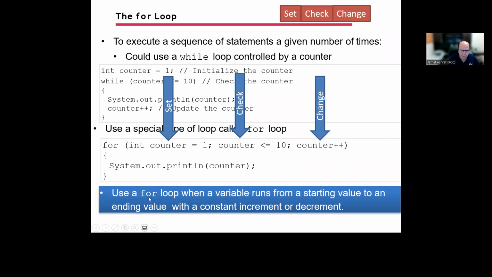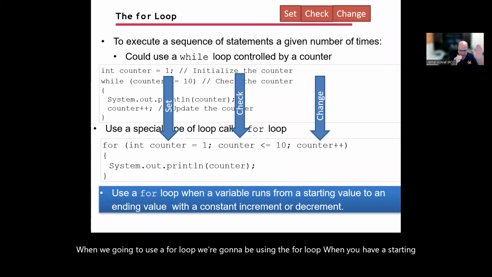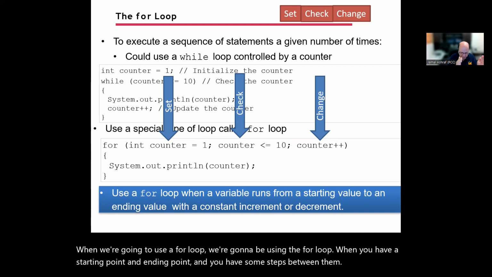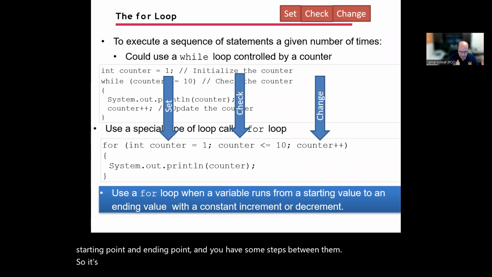We use a for loop when you have a starting point and an ending point, and some steps between them. So it's very concrete. Where am I starting? Where am I going? And how am I going to be updating this?